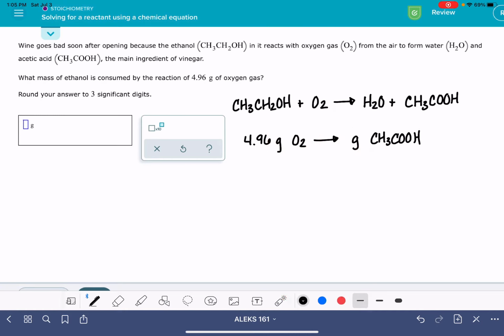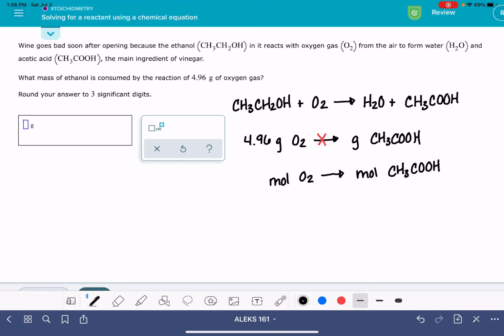Now, unfortunately, there is no such thing as a conversion factor that lets us go from grams of one molecule into grams of another. The only way that we can do a conversion from one molecule to another is using the moles. So we can convert from moles of oxygen into moles of the acetic acid, CH3COOH.